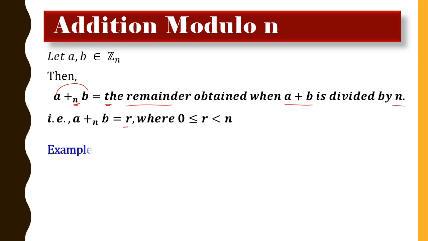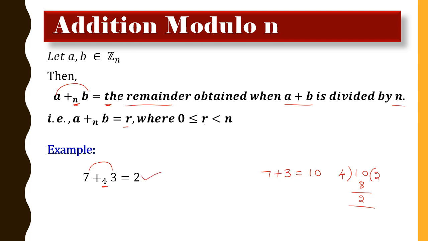For example, what is 7 addition modulo 4, 3? So 7 plus 3 is nothing but 10, and this 10 you should divide by 4. If you divide 10 by 4, 4 2s are 8, so remainder is 2.